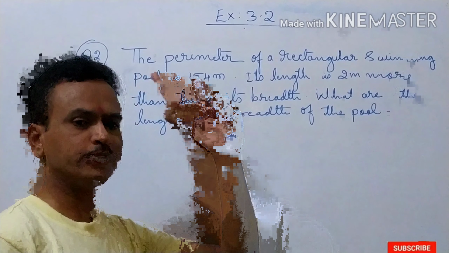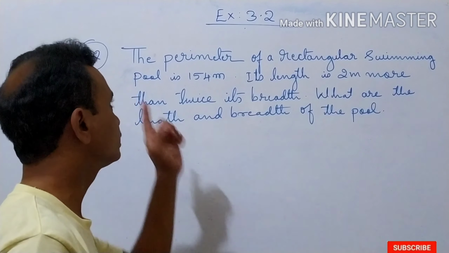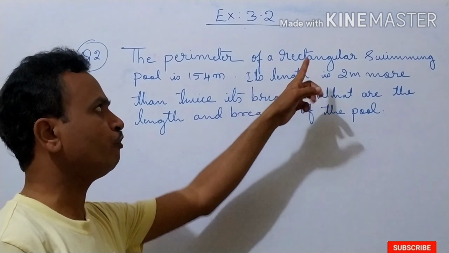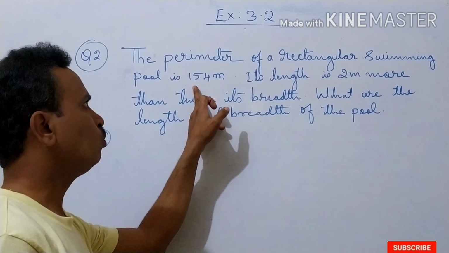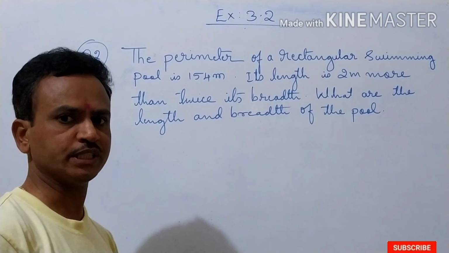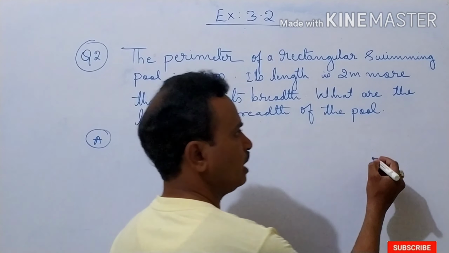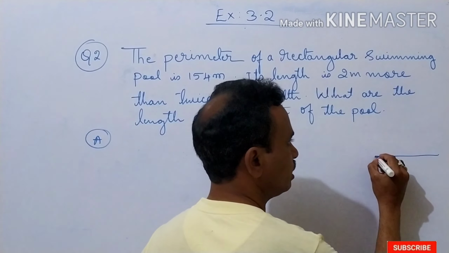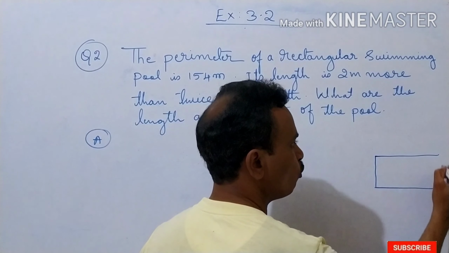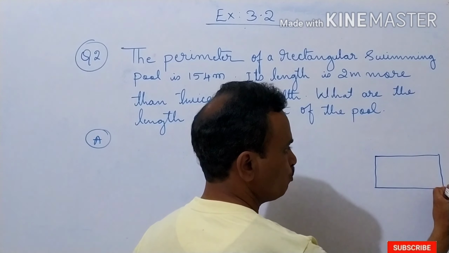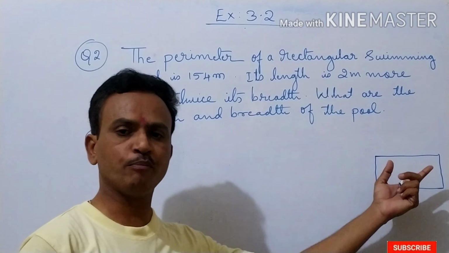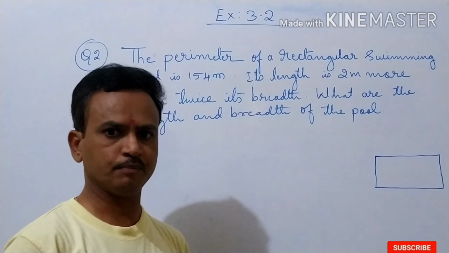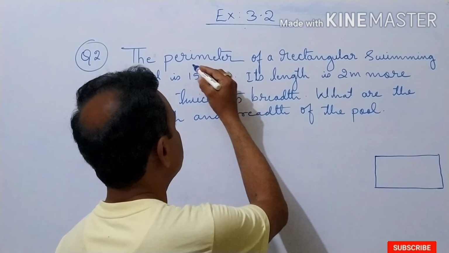Now come to question number 2. The perimeter of a rectangular swimming pool is 154 meters. Perimeter means the sum of all the 4 sides. So that swimming pool is in which shape? A rectangular shape. Okay. Now here what is given?